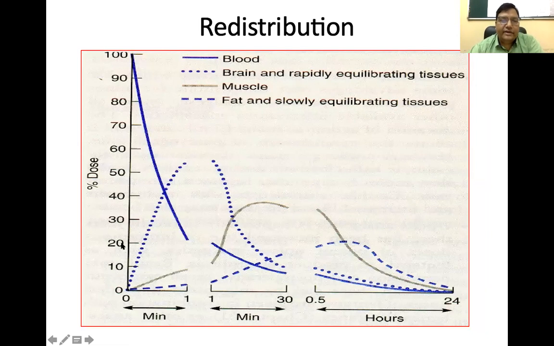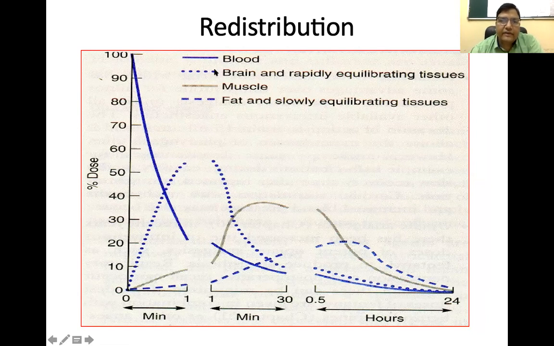Suppose we see the percentage dose against the time curve. In the blood, as soon as we give an IV drug, the maximum dose is achieved, and within a minute it will fall very fast, and then within a few hours it will decrease further.